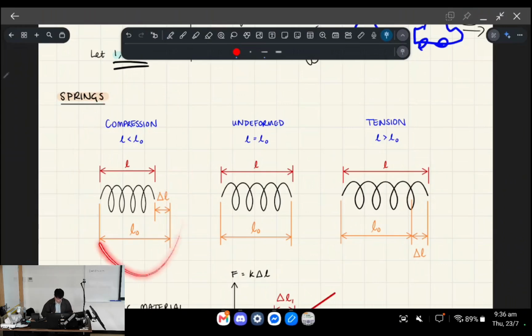So if you squash the spring from this undeformed length, it's going to want to return to equilibrium, and push back to get back to the undeformed length, right? Similarly, if you pull the spring and elongate it, it's going to want to return to equilibrium and get back to the undeformed length as well, okay, in tension.